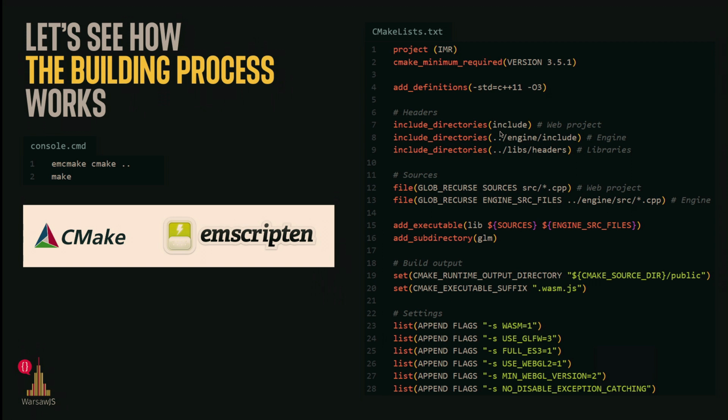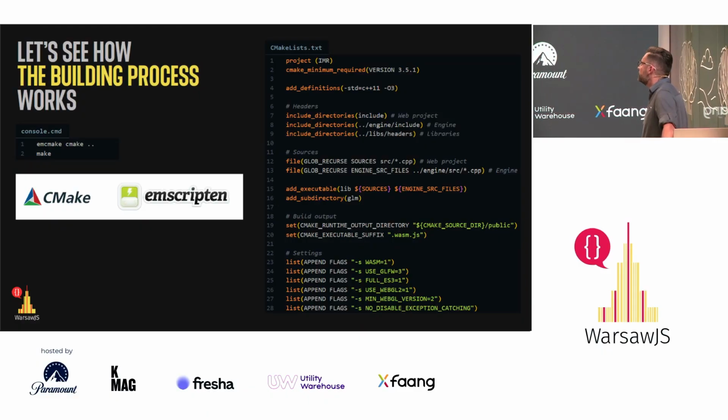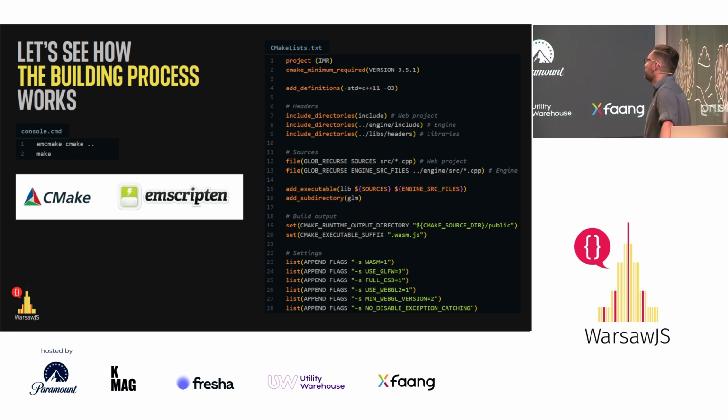Below I define the output file, which is the output of the build process. It generates a binary file plus a .wasm and .js file, which is some kind of glue code for JavaScript. And below I attach some settings. In the settings list, I enable WebAssembly, enable GL framework, and enable OpenGL ES 3.0 and WebGL 2. Yeah, and that's it about the building process for now.